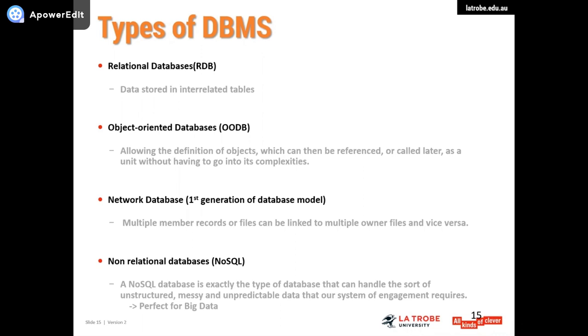First is the relational databases, short for RDB. Then the object-oriented databases, short for OODB. Then the network databases. And finally the non-relational databases, short for NoSQL. Let's look at these one by one.